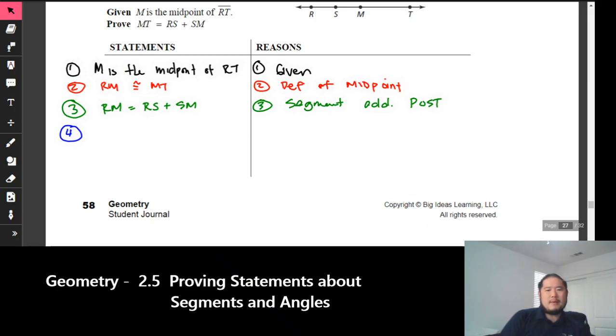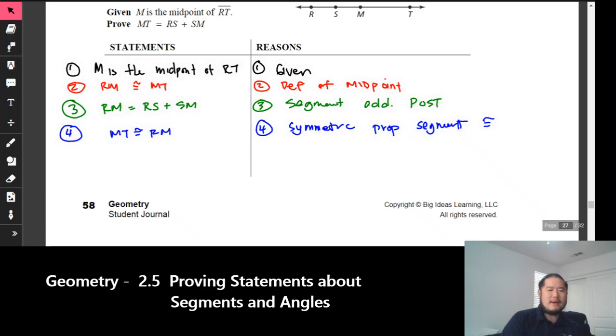First off, how about let's go ahead and say that MT is congruent to RM. All right, I'm just going to show you this one for the sake of, because I think Big Ideas has the answer where they do this, where they switch the order. And so we'll throw in the symmetric property of segment congruence.